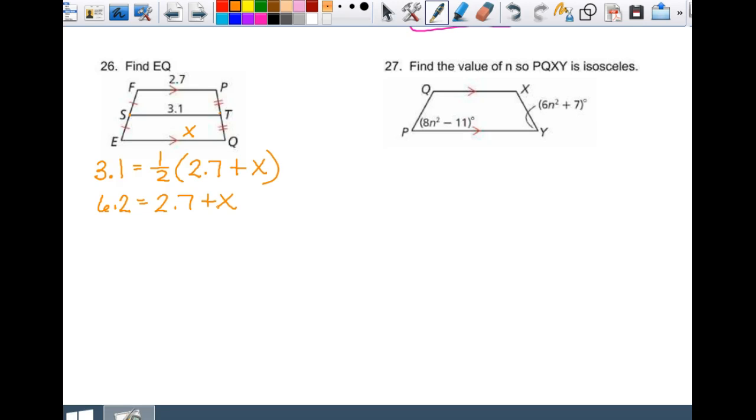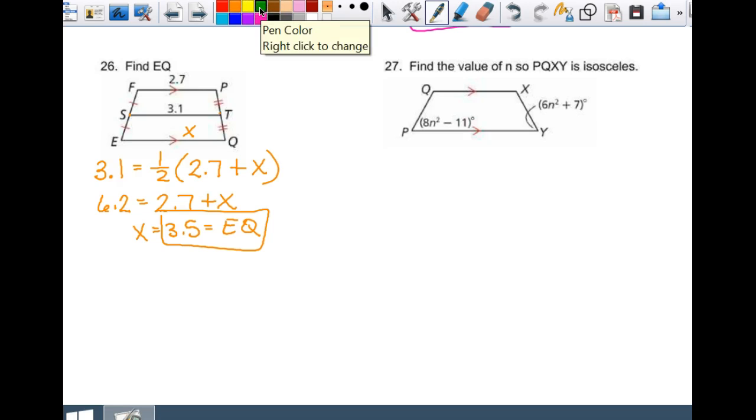So 6.2 minus 2 is going to be 4.2. Subtract 0.7 more. That would get me to 3.5, which is actually the length of EQ. Reasonableness of an answer, clearly it has to be more than 3.1.